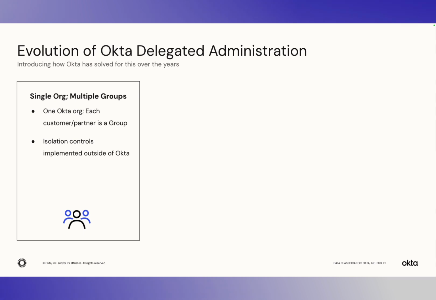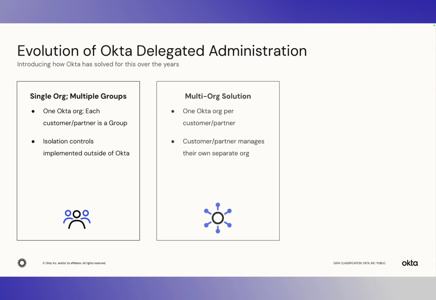Now, evolving forward, there is the alternative solution of using multiple organizations as well. So in this case, a specific B2B customer or partner would be represented by its own Okta org. We do have the capability of creating Okta orgs via API, so being able to stand up an Okta org via API.